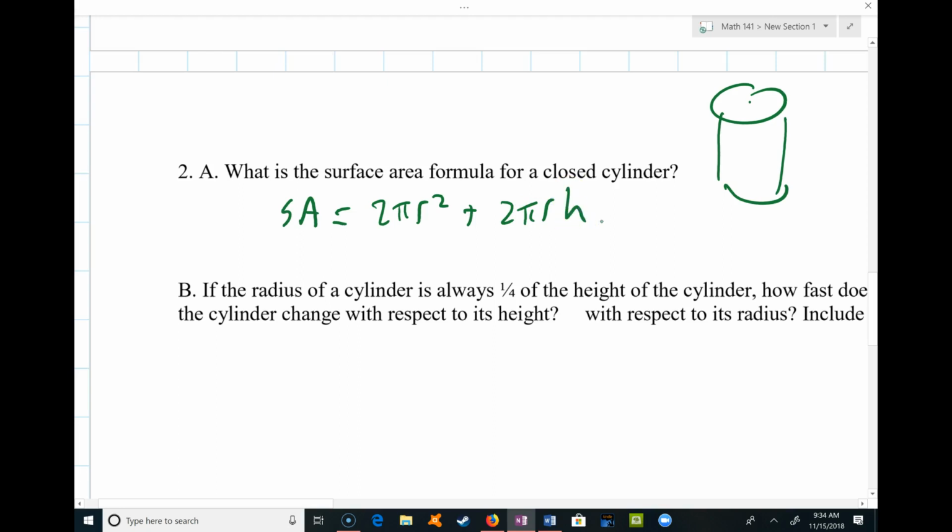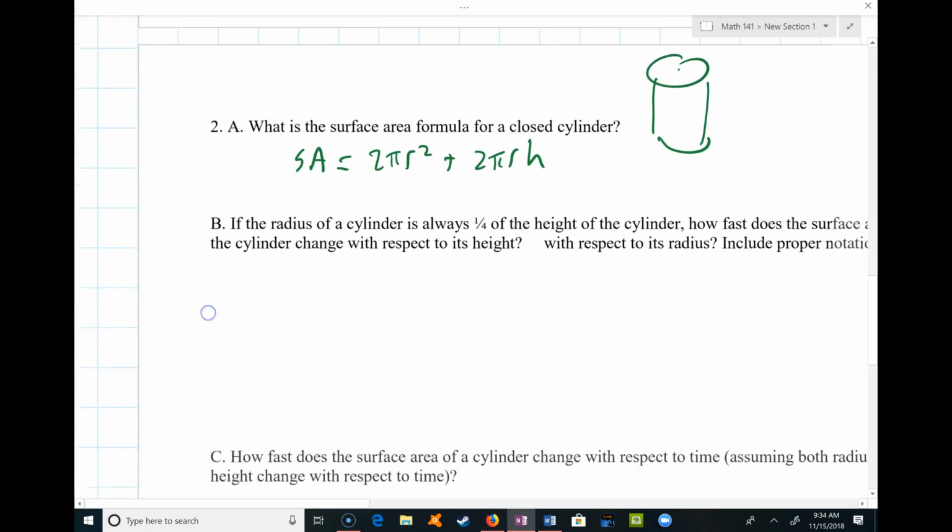Because if you remember, if you take that side pan off, you slice it and open it up, it's just a big rectangle. So the length is the circumference of the circle, and the height is the width of the rectangle. Okay, so that's the surface area of a cylinder. Now, notice now that we have 3 different variables here, don't we?